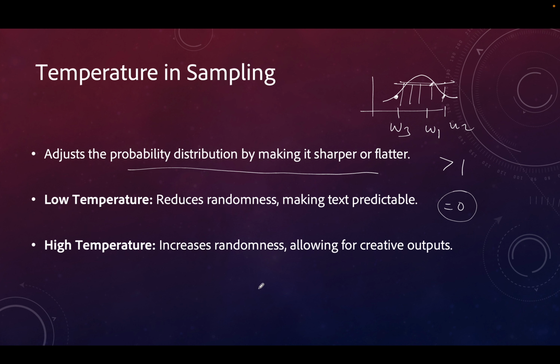So how it works mathematically is that we said that we picked, let's say, 3 words, W1, W2, W3, with some initial probability, let's say 0.3, 0.25, 0.2.